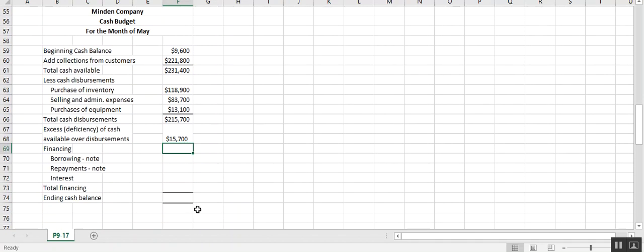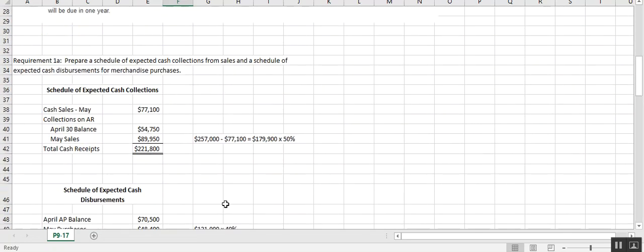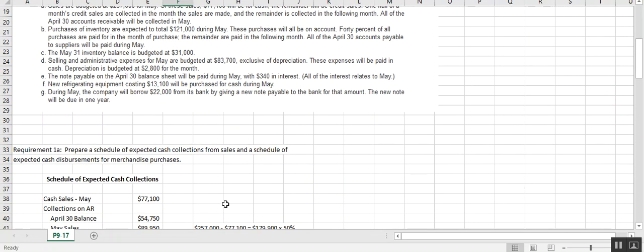So now we're going to look at our financing. So down here I've kind of still continued my template. Looks like we've got some borrowing and some repayments and some interest. So let's go back up here. All right, so it looks like item E and item G both have to do with a note.